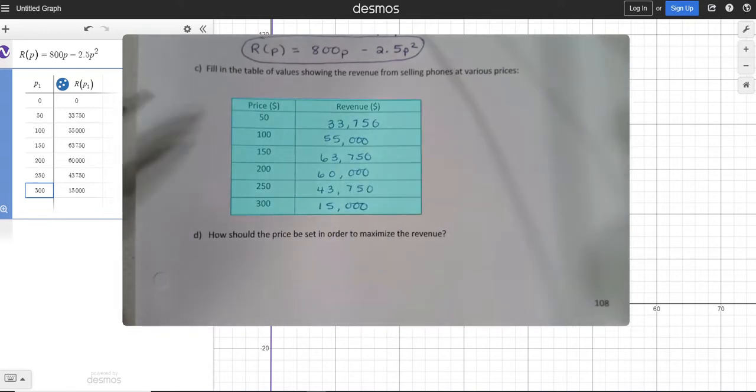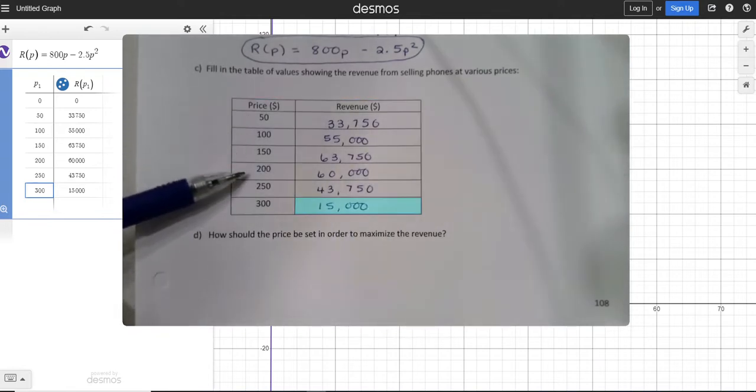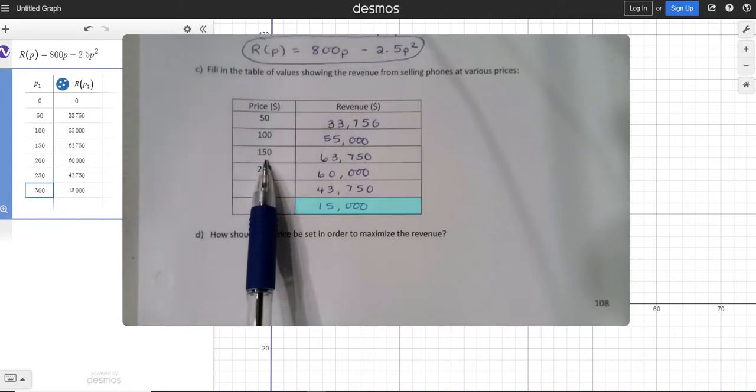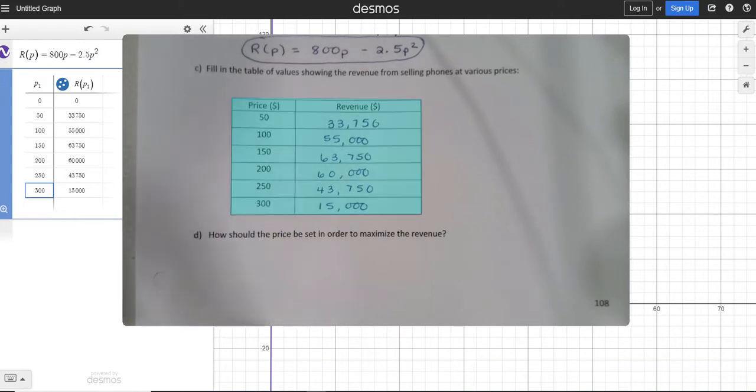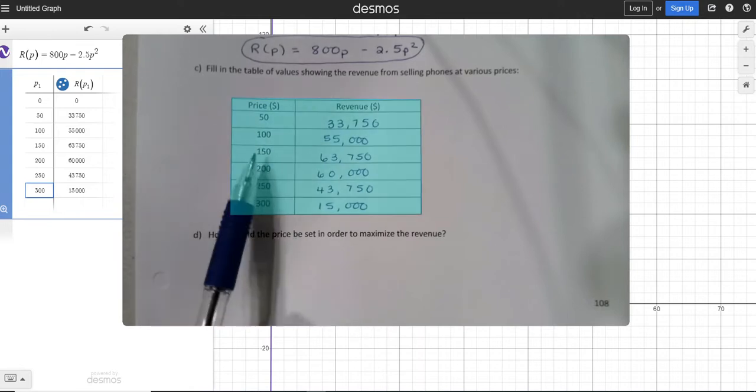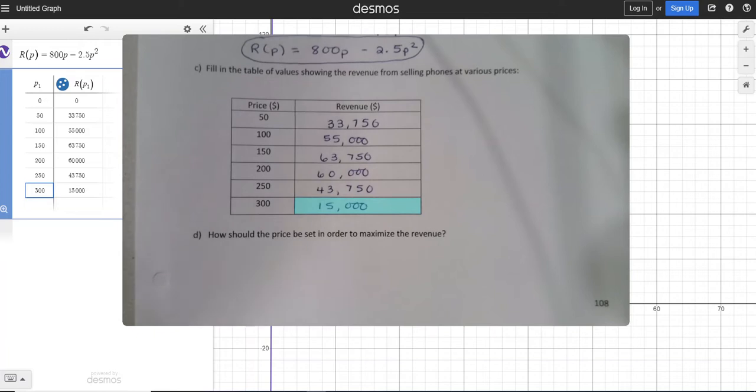But notice we haven't tried every single possible price, right? I mean, maybe it's actually $155, or maybe it's $190. Or maybe it's a little bit less. Maybe it's $140. We don't really know that that's going to be the largest revenue. It's just the largest for the prices that they picked.